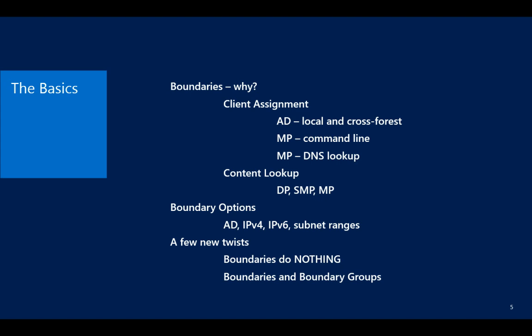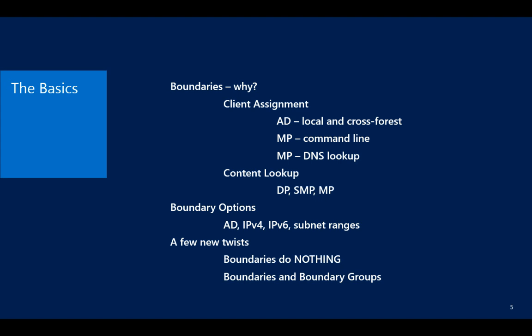Well, for whatever reason, that wasn't something that was used a ton, at least in my experience, by our customers. So now, because of the advantages of it, we put that as the default. Every distribution point that you put in place and associate with a boundary group is by definition protected. Again, I'll explain that a bit more as we go along.